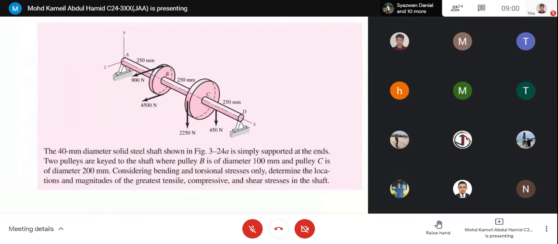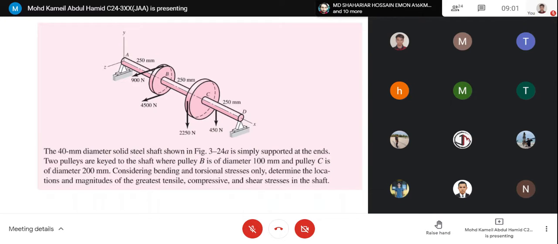How can you get your T value, the big T, the torsion, from the picture? The total torque for both pulleys is equal to 0, so we subtract the pulley tensions, 1900 minus 4500, which equals the torque at the other pulley.